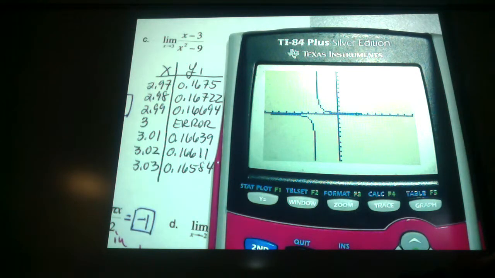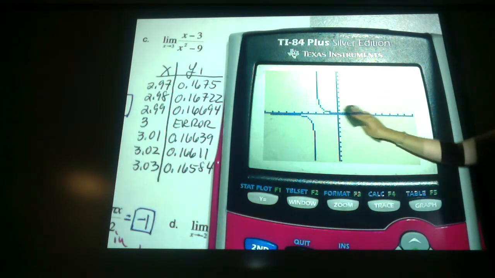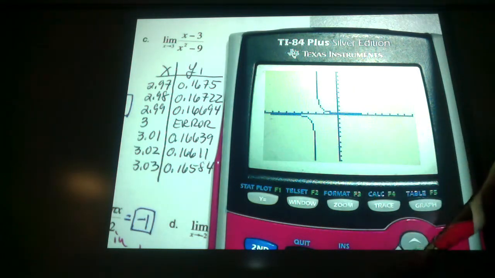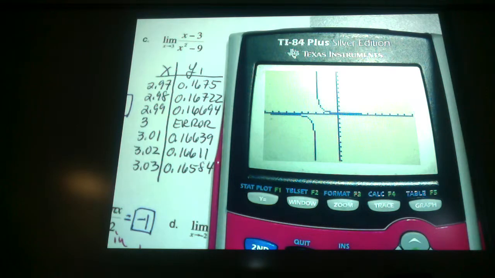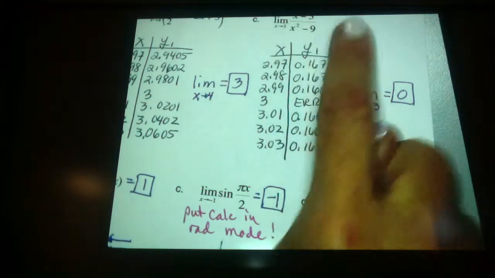And so on this particular one, if you see a graph that looks like this, and your table of values shows you that, your answer really should be that the limit is 0. So that's a much different graph than the graph that we had previously on either one of those. So note to self, you might want to highlight that and put on their C graph to understand why it goes to 0.